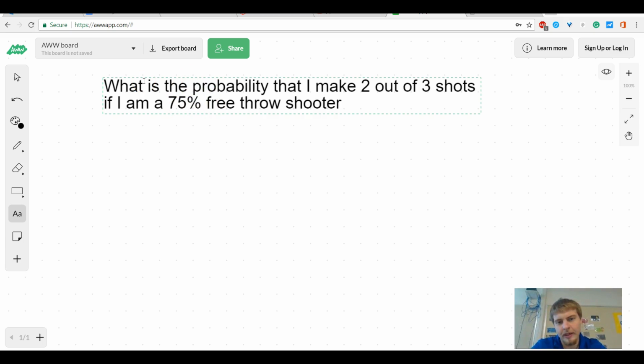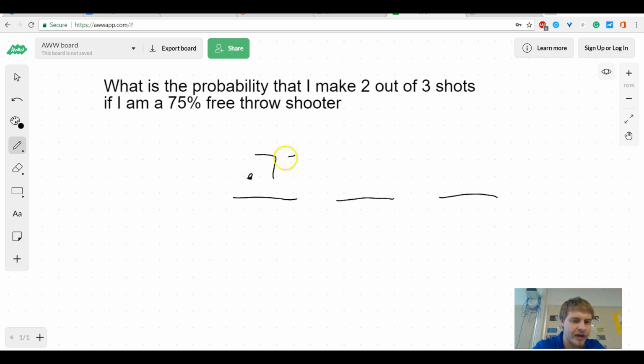So when I'm thinking about this, what I would like to do is figure out that probability. And when we do this, I always like to think of my events and go, I need to make 2 of the shots, so I need to have 0.75 and then 0.75, and then I need to miss one of my shots, which missing would be 25%, and then I need to think of all the different ways that could happen.